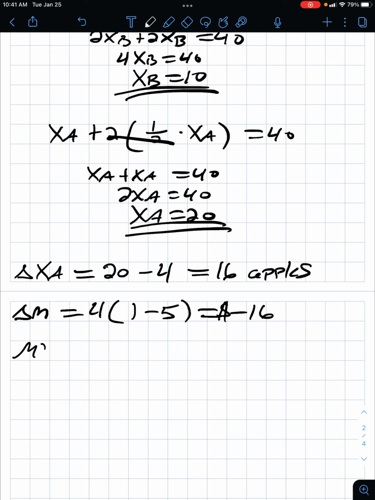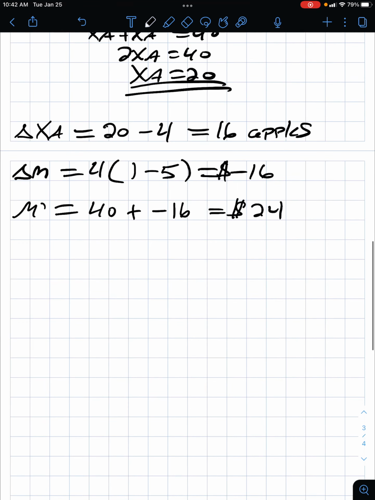So the new income, let's find that, is going to be equal to the old income, 40, minus 16, which is going to be equal to $24. Now let's find x1 of s, which is going to be equal to 2x of a equals 24. So we get x of a is going to be equal to 12 apples.